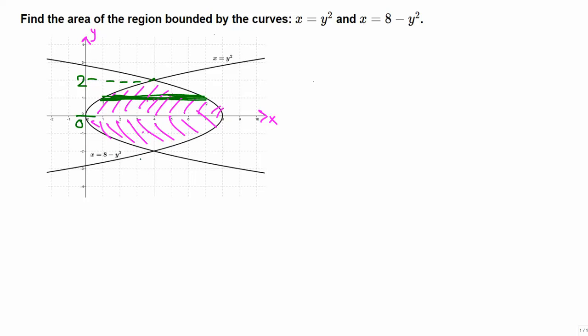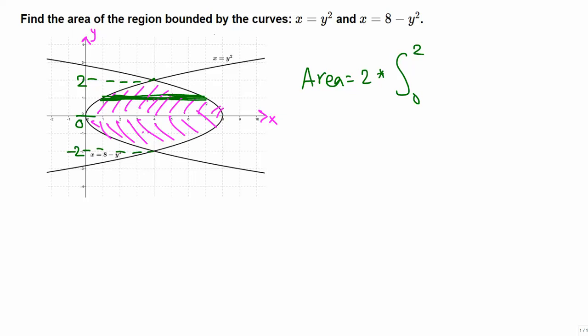Or we can always go from negative 2 to 2, then just right curve minus left curve, and integrate from negative 2 to 2, same thing. But I would just like to find the area of the top part. Total area will then be 2 times this top area, given in terms of y, 0 to 2.